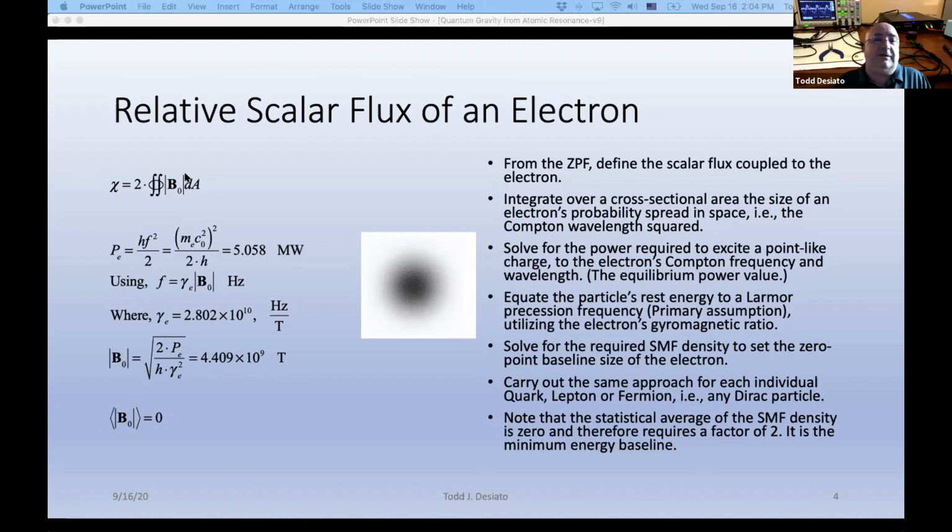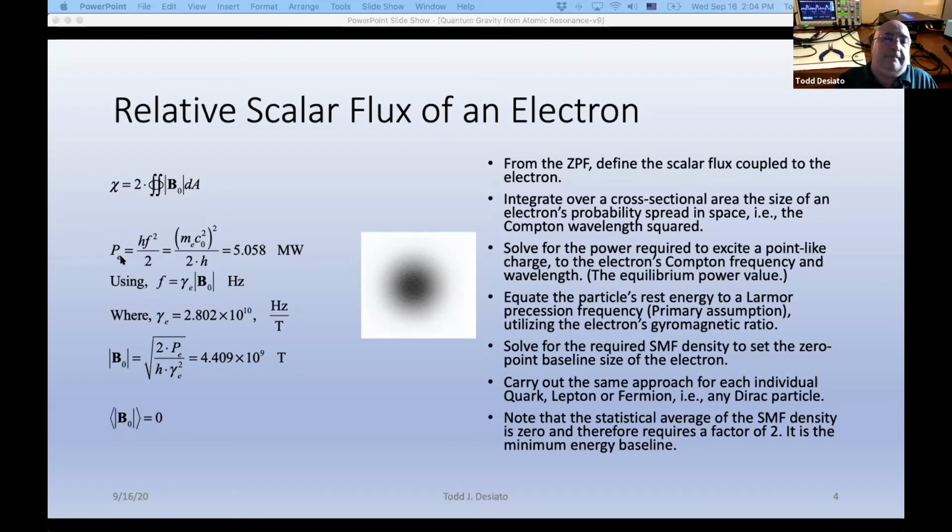And so the flux is basically twice the surface integral of the magnetic flux density. Now, I put magnitude brackets around the magnetic flux density, because in this case, it doesn't need to have a direction. It's scalar. So unlike a vector field, it's a scalar field.